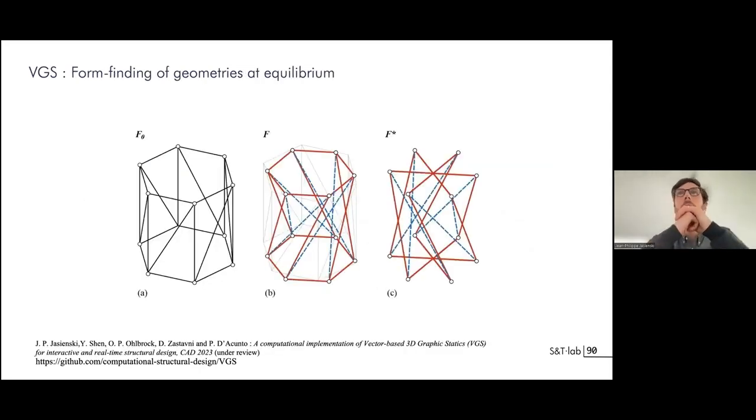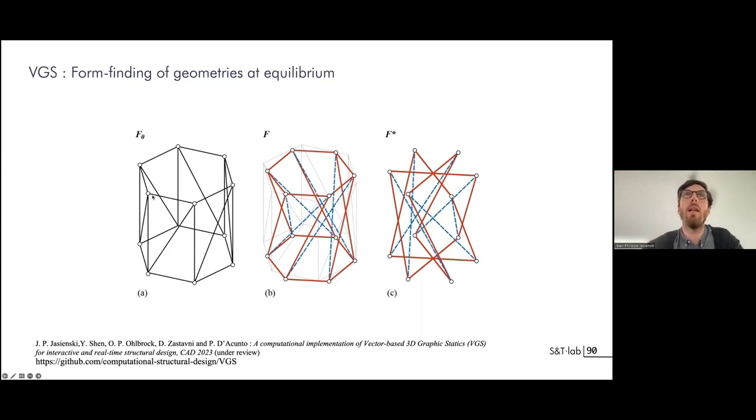Okay, so now we'll have a look at another way to use VGS. The idea is that I told you, you can provide the equilibrium from different sources, which are, for example, algebraic solver, which is in VGS, but also force density method, CEM, and so on. But there is also a way to use VGS without calculating the force diagram and generating it directly.